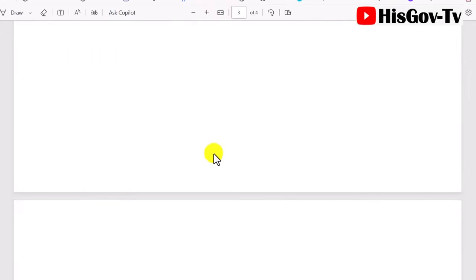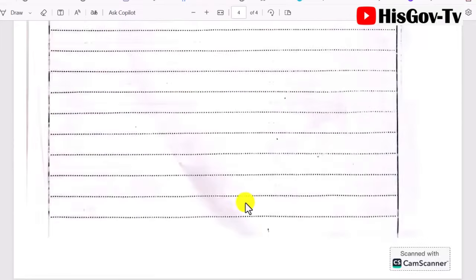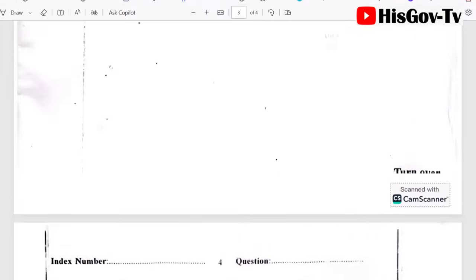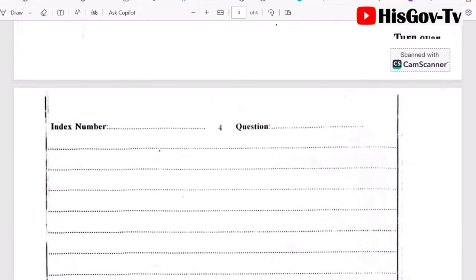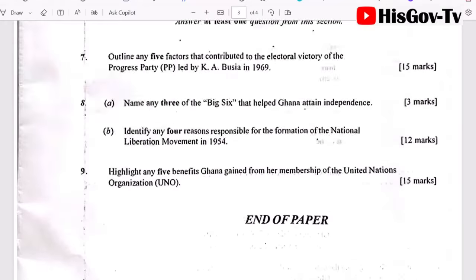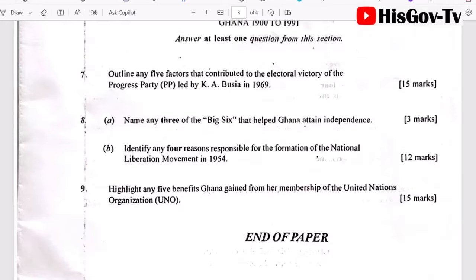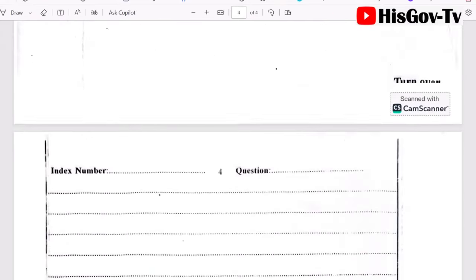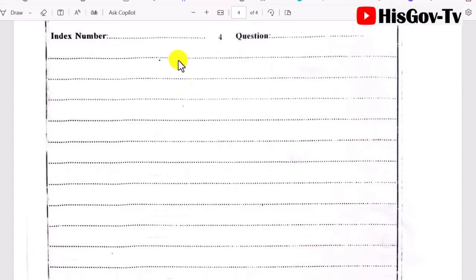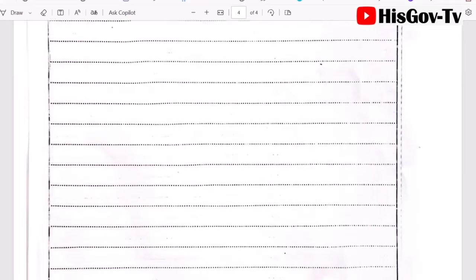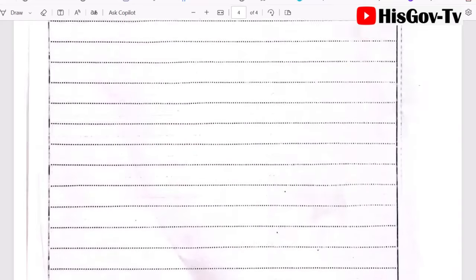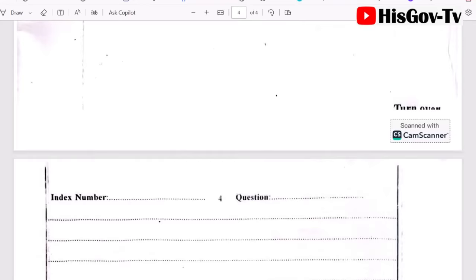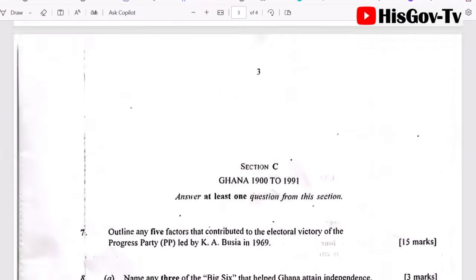We have the questions, and they have provided some space or lines for you to answer. You write the answers straight on the question paper, so you don't bring the Section B questions outside. That is what it means. Good. So knowing that, let's begin with the lesson.